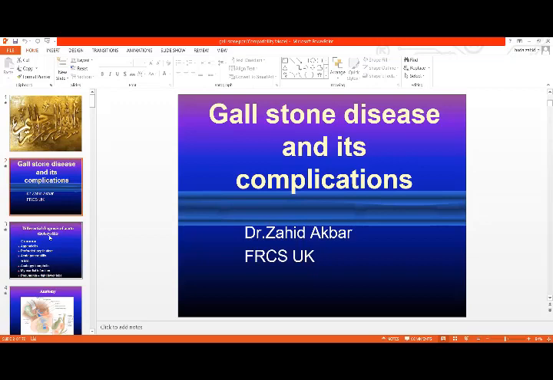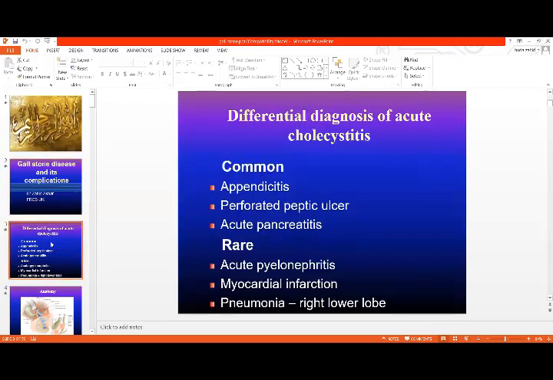What you should keep in mind, if somebody comes with acute abdomen, acute pain in the epigastric and right upper quadrant region, is the differential diagnosis. It could be appendicitis.